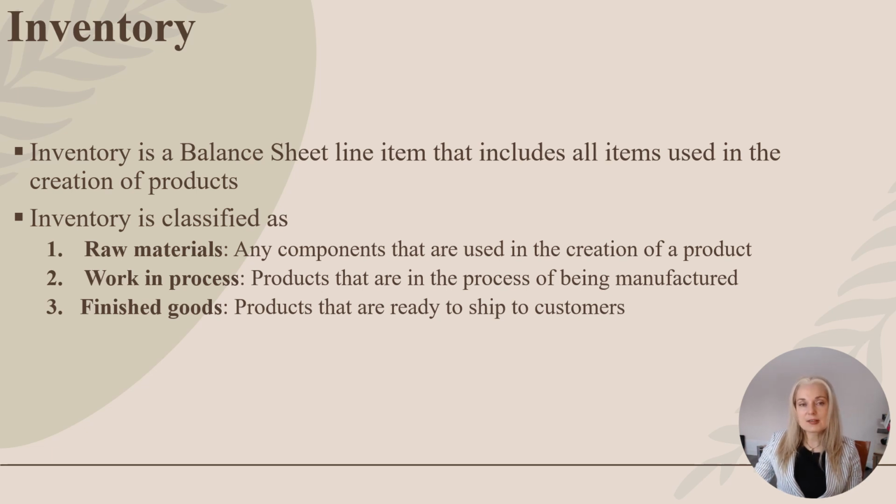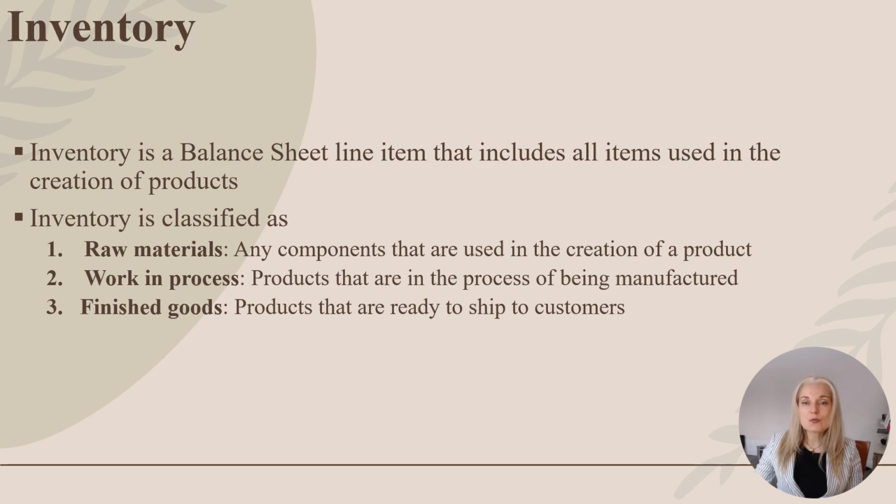So inventory is a balance sheet item that includes all items used in the creation of products. And if you have a manufacturing company, inventory can be classified into 3 different categories. We have raw materials, which are any components used in the creation of products.